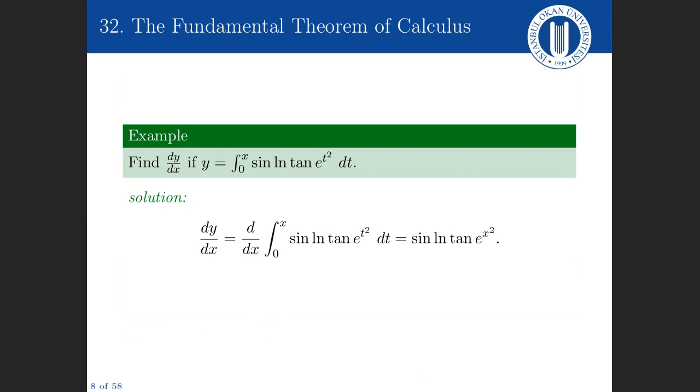Here's another one. This one looks difficult, but it really isn't. Find dy dx if y is equal to the integral from 0 to x of sine of the natural logarithm of tan of e to the power t squared. We have this very, very complicated function.